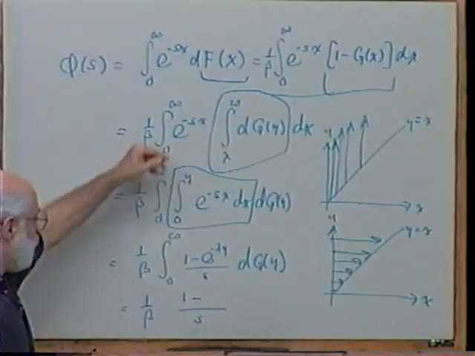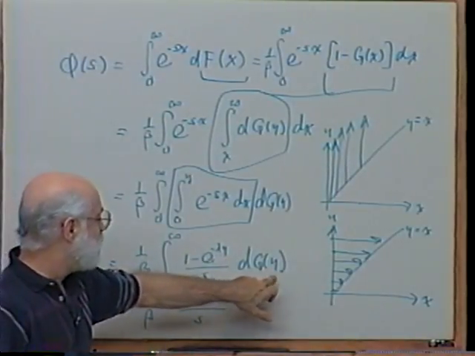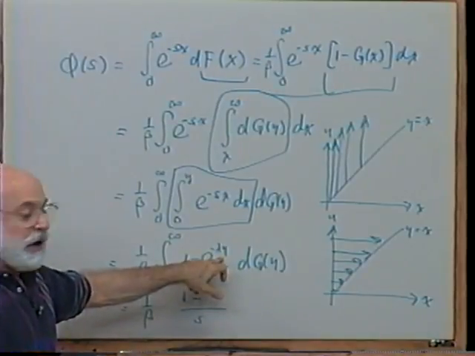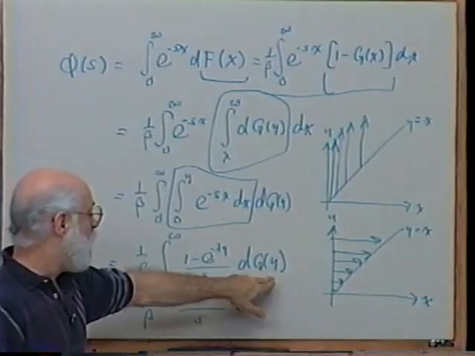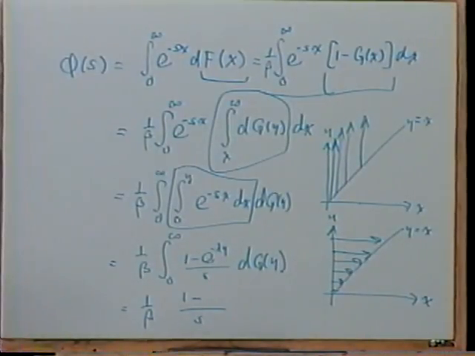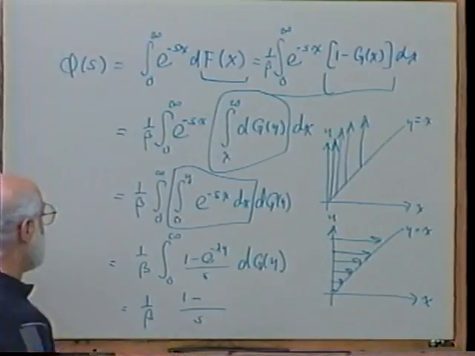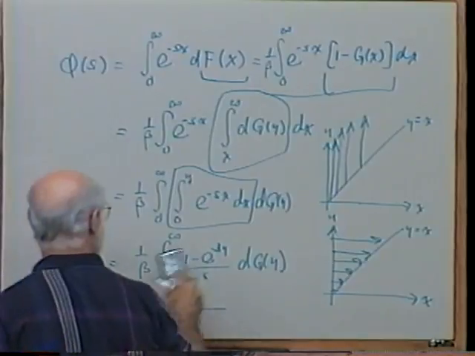And the second piece is simply the integral of e to the minus s y dg of y, which by definition is the Laplace-Stieltjes transform of the distribution function g of y evaluated at s. I shouldn't have a lambda here, I should have an s. Let me erase this.